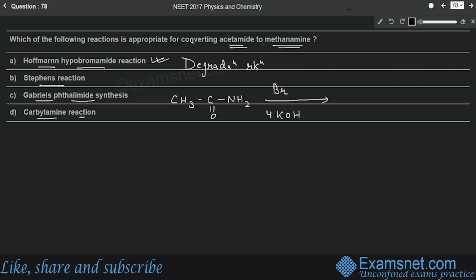Then we'll get CH3NH2, that is methanamine, plus the side products are potassium bromide or sodium bromide if we use sodium hydroxide, plus K2CO3. So if we use sodium, it will be sodium carbonate. If we use potassium, it will be potassium carbonate. But the main product is methanamine from the acetamide. So option A will be the correct answer.